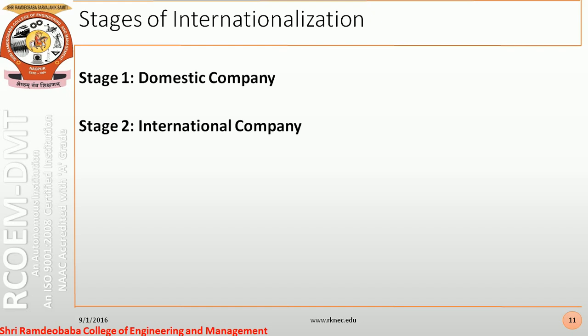Those companies who decide to exploit the opportunities outside the domestic market are stage 2 companies. They extend their product and service operations and promotions in the international market. It is at this stage that companies have begun the internationalization process.